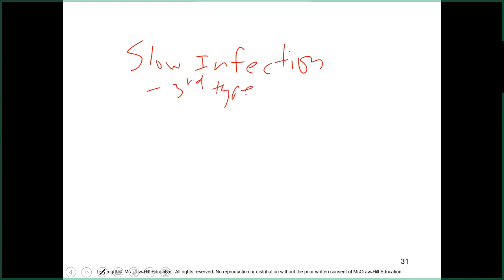So another type of infection is what we call a slow infection. This is persistent too. Third type. Third type of persistent infection. All right, so that would look like this.